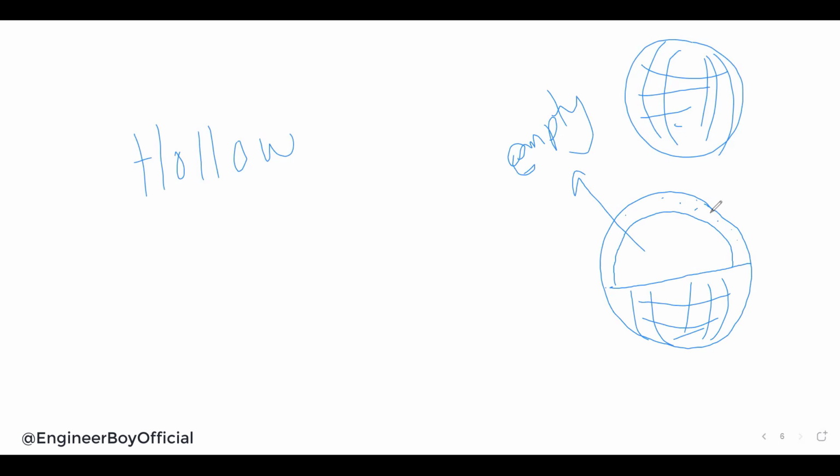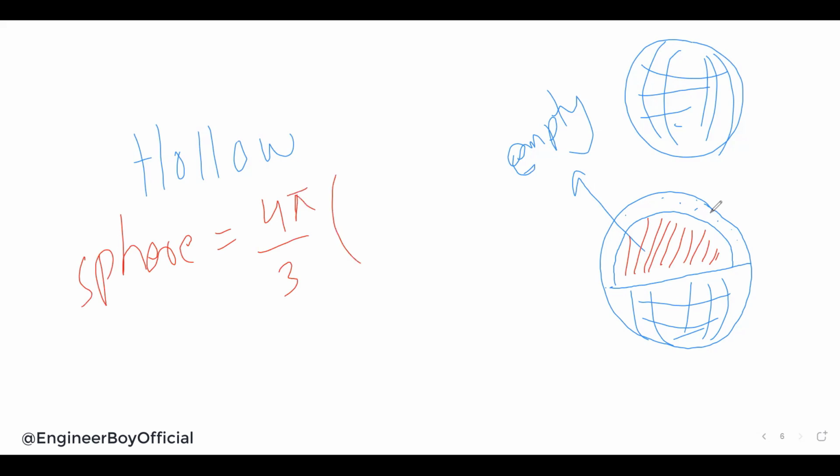We are going to subtract the internal volume, the inside volume, like this red shaded part, from the external one. So the sphere volume, if it's hollow, must be 4/3 pi, the same thing, and we subtract the inside radius: capital R cubed minus small r cubed.